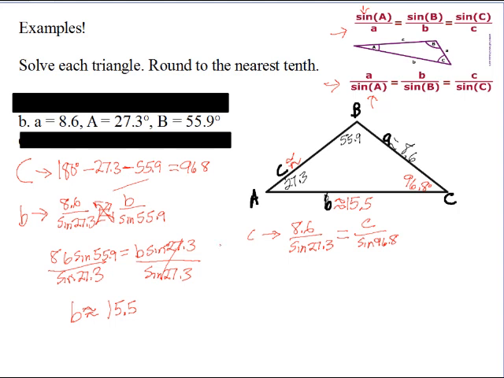So let's go ahead and write that out. 8.6 times sine of 96.8 equals c times sine of 27.3. Divide both sides by sine of 27.3 because it's an inverse operation. So the 27.3 cancels. c is approximately equal to 18.6.